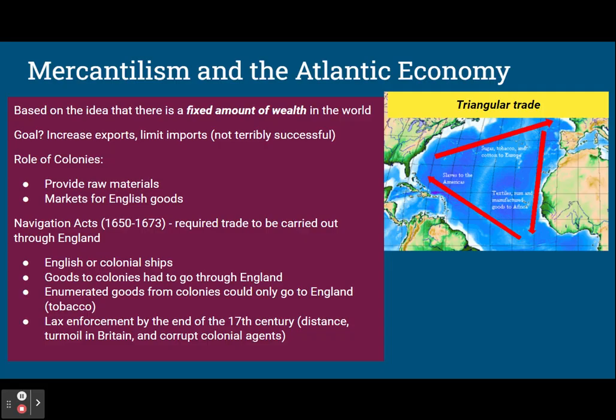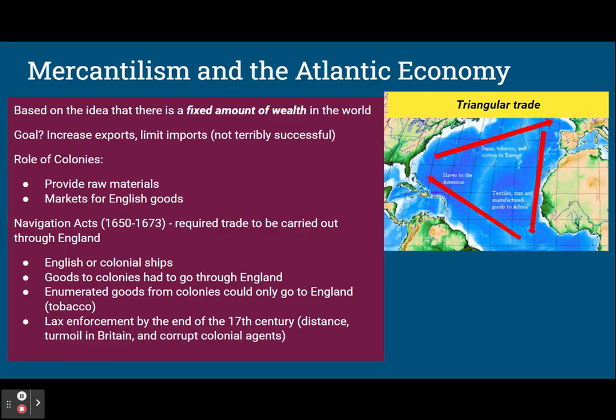And the goods themselves that went to the colonies had to go through England. England required any country that wanted to sell goods to the colonies to first ship them to England and sell them to England, and then allow the English merchants to take the goods to the colonies and sell them there for, I assume, a marked up price. So there was a middleman there.